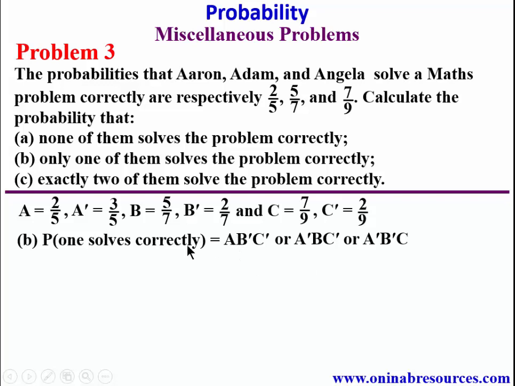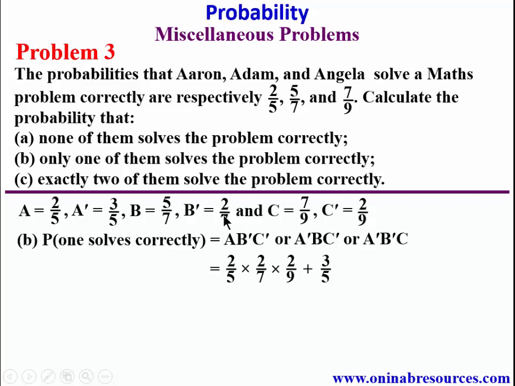The probability of A solving it correctly is 2/5. And the probability of B not solving it correctly is 2/7. So we have times 2/7, then times 2/9. All means plus. So we add. The probability that A does not solve it correctly is going to give us 3/5.